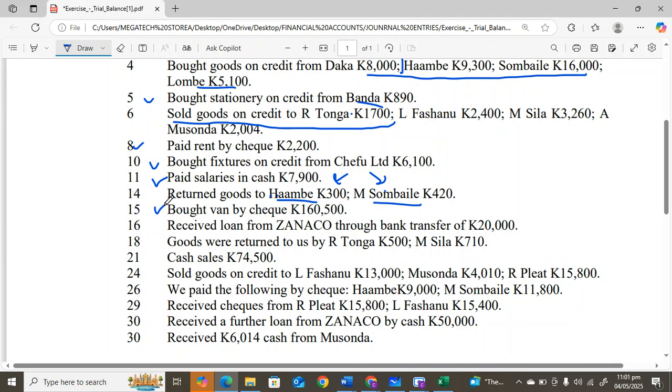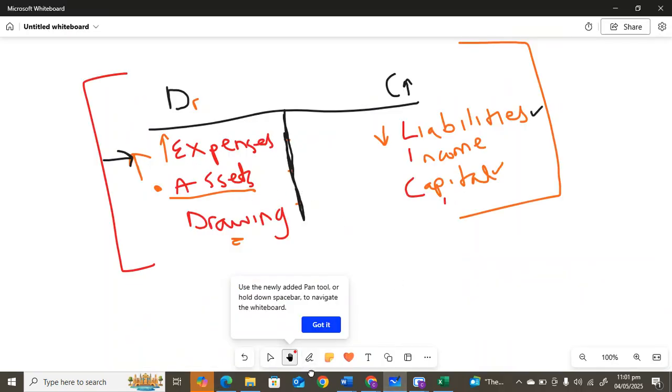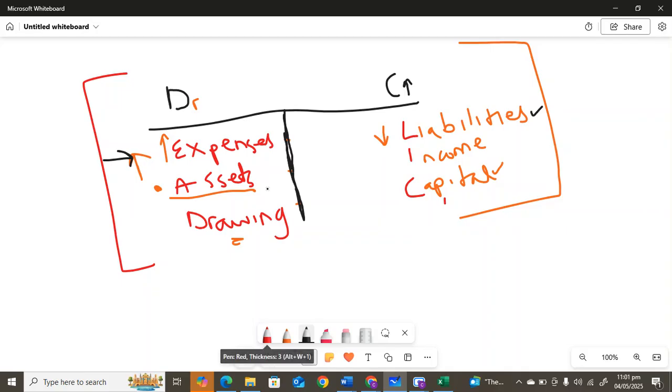Which one's increasing, which one's decreasing, so that we know what to debit and credit? So both accounts are asset accounts. Motor vehicle account increases, so you debit motor vehicle. Bank account reduces, so you credit bank account.